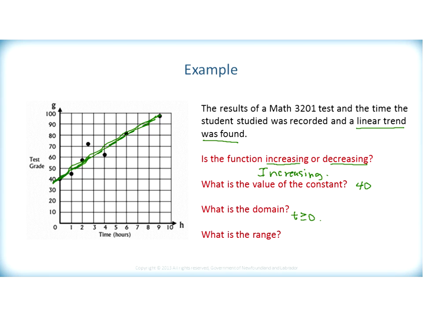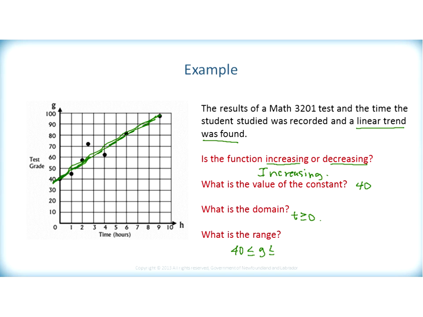The range is the test grade. The range would be the values of the test grade. And the range in this case would be 40 being the lowest.